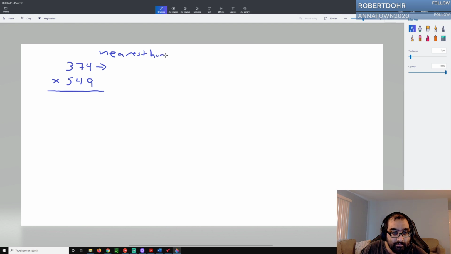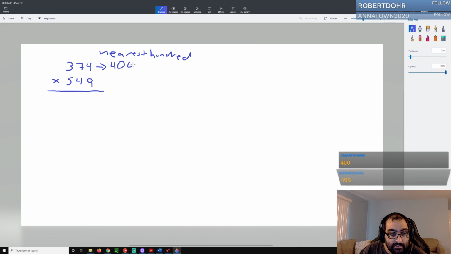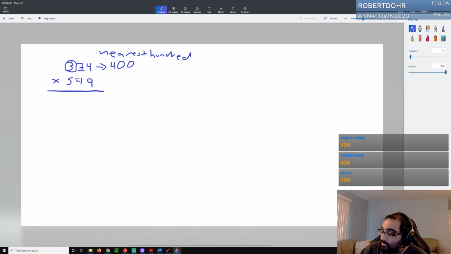So let's look at 374. What does 374 round to? 400. That's correct. Because we're rounding this 3, that's in the hundreds spot, and we look to the number to the right of that, which is that 7. So 7 is between 5 and 9, so we'll round that 3 up to a 4 and change the other two numbers to zeros.